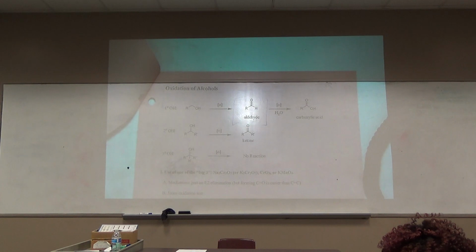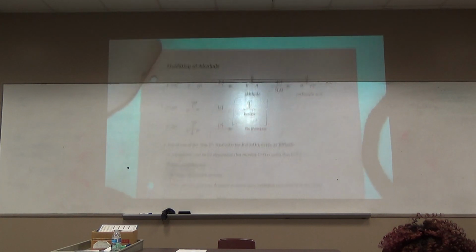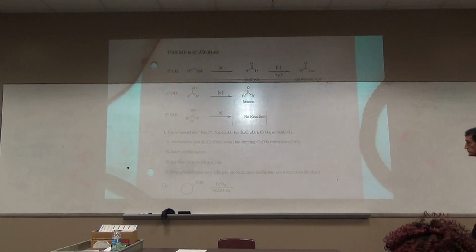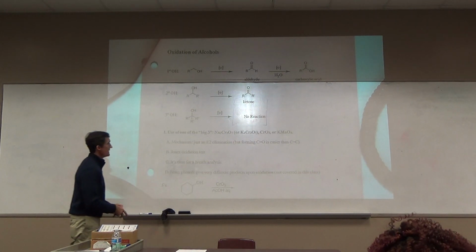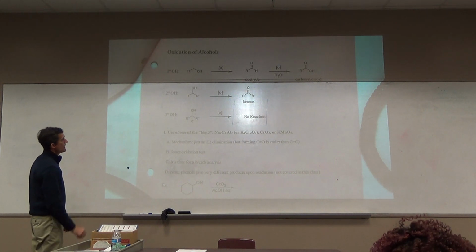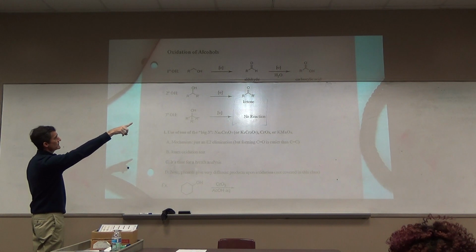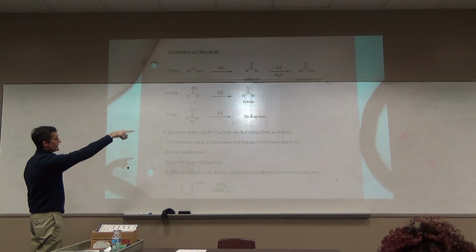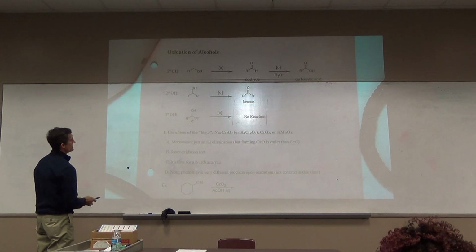We sort of have 2 handouts here. The pink is the outline with some problems, and the blue is handwritten notes. The big 3 oxidizes primary all the way to carboxylic acid and secondary to ketone. No reaction to tertiary.